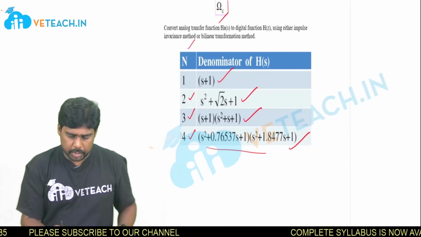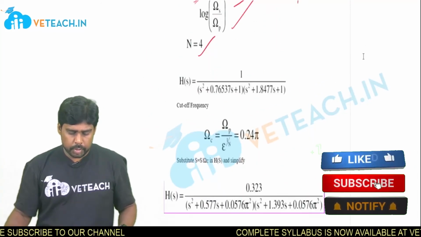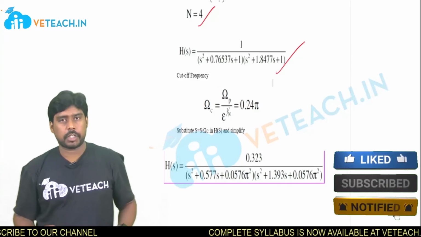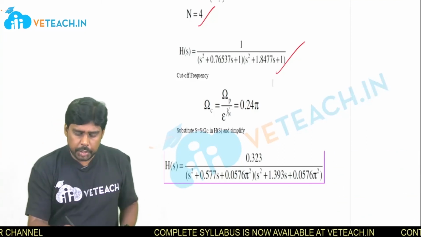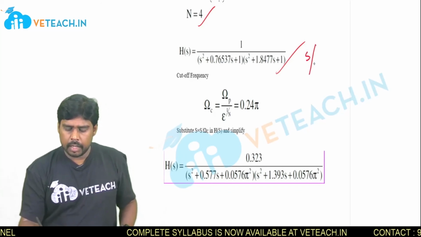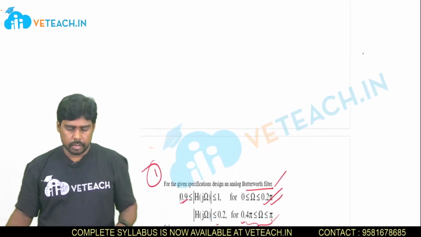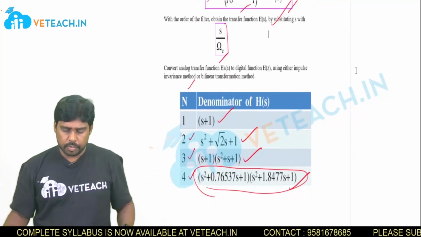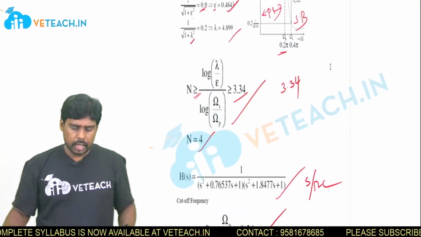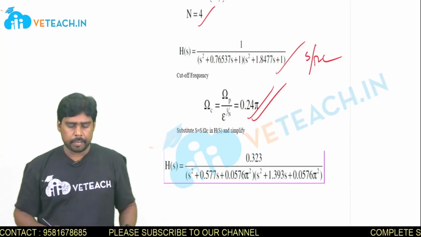See this is the denominator. If you remember this, for N equal to 4, that is the denominator. So let me put the denominator, H of s expression is there. Now in H of s expression, we need to replace s by s by omega c. Now find omega c from the formula. This is the formula for omega c, cutoff frequency. So from this formula, if you find omega c, that value is 0.24 pi.